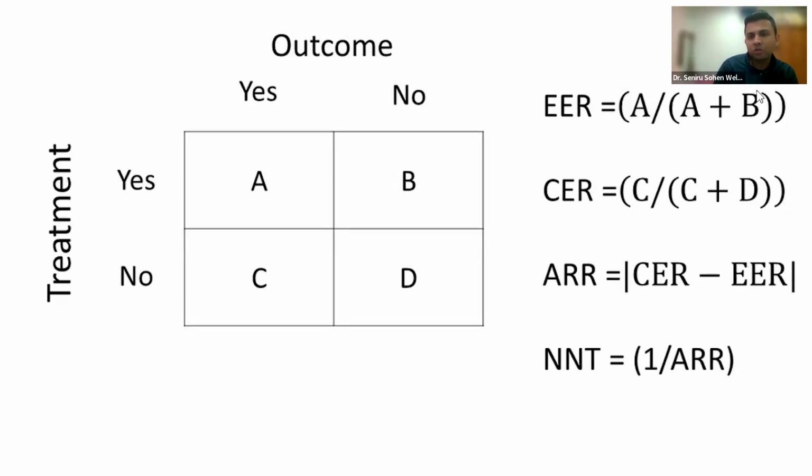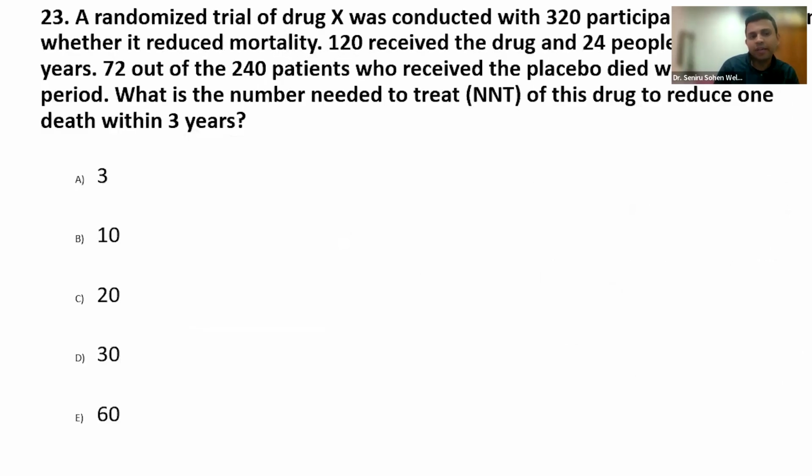So 24 out of 120 is 48 out of 240. So 72 over 240 minus 48 over 240 is equal to 24 over 240. So 1 over 24 over 240 is 240 over 24. That is 10. So the correct answer here would be 10, B.